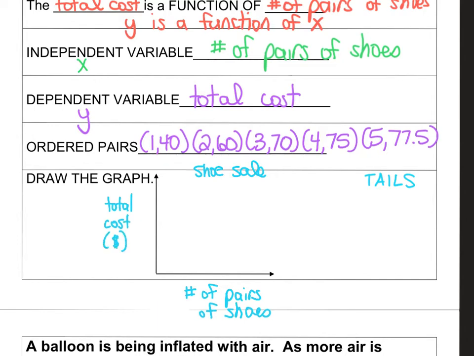So increments, well, for shoes, I'll just label them 1, 2, try to make them as even as possible. We're just sketching this 1 through 5. And let's see, we've got to go from 1 to almost 80. So maybe we need to go from 40 to 80. So maybe we go in increments, let's say 20.